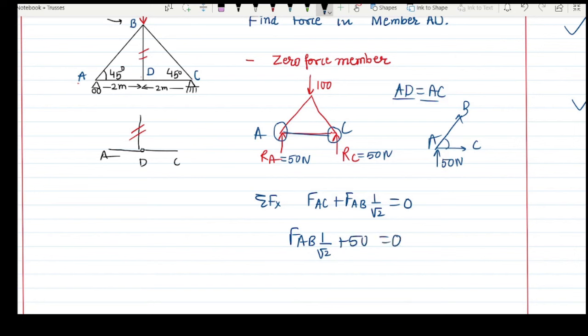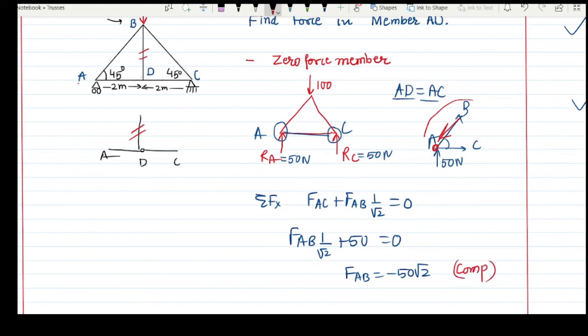When I solve this, I get FAB equal to minus 50 root 2, which indicates that the direction I assumed in the beginning is not correct. The force actually acts in this fashion, coming towards the joint, and in such a case we consider it a compressive member. Here also, if you have a doubt, you can check my previous video.